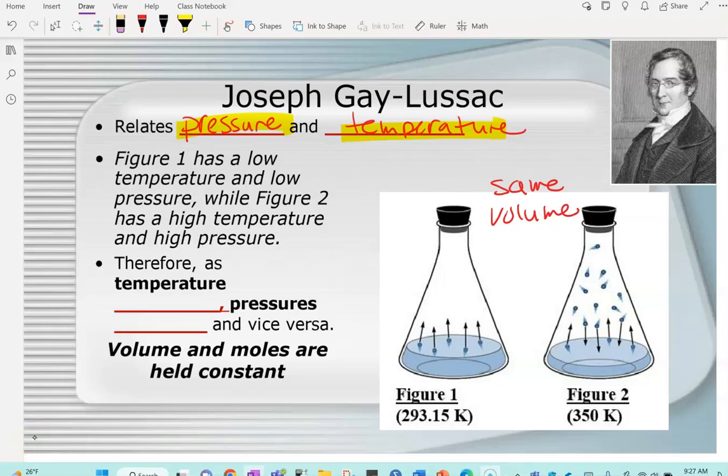So if we look over here at figure 2, we can see that that temperature is much higher than that of figure 1. Okay, so this flask has a higher temperature than this flask here.